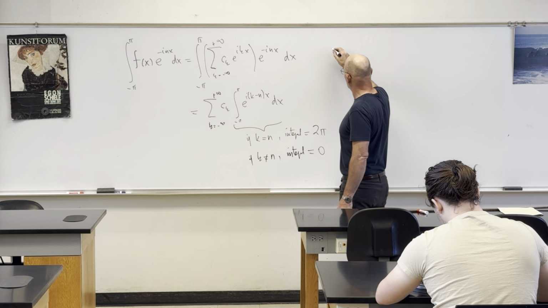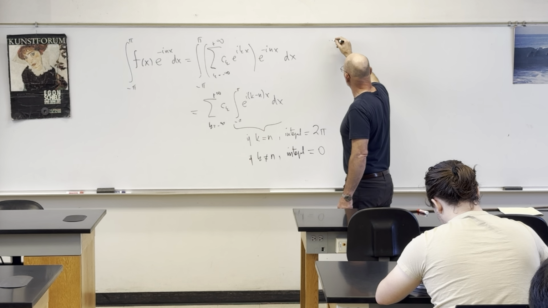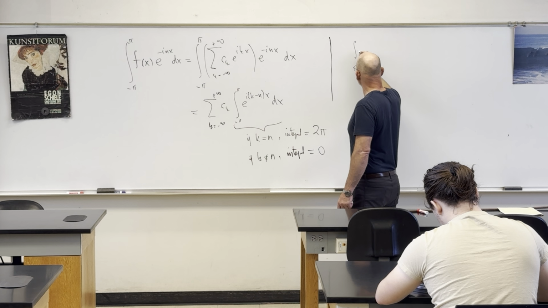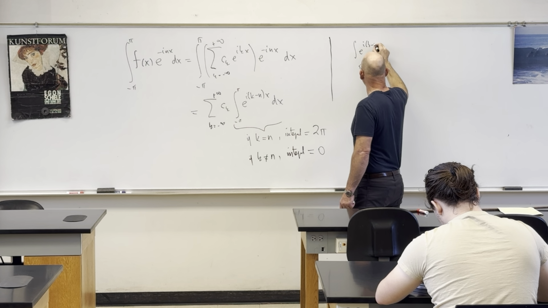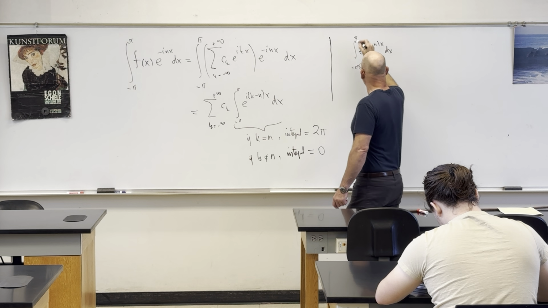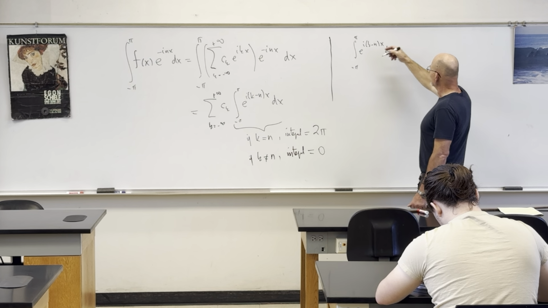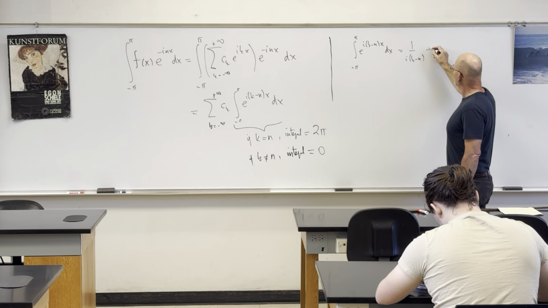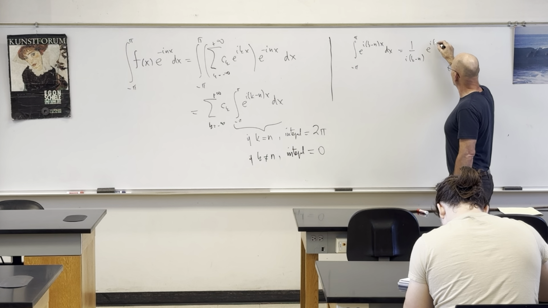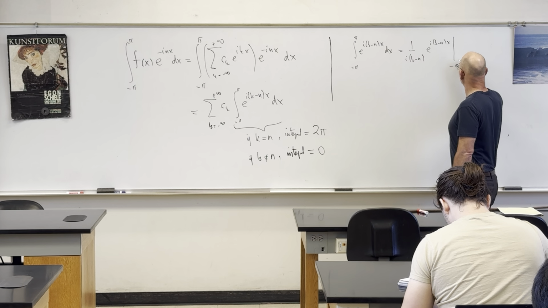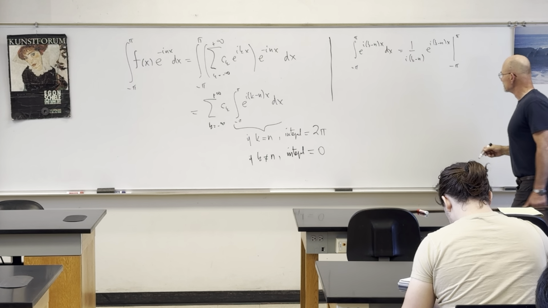Here we go. We have the integral of e to the i k minus n x dx. K is not equal to n, so we can deal with this very nicely. 1 over i times k minus n, e to the i k minus n x, evaluated from minus pi to pi.